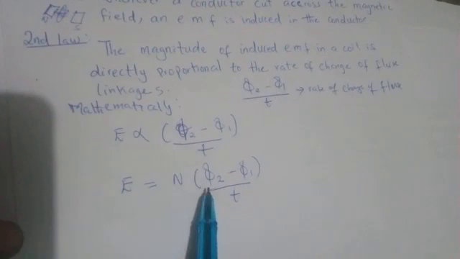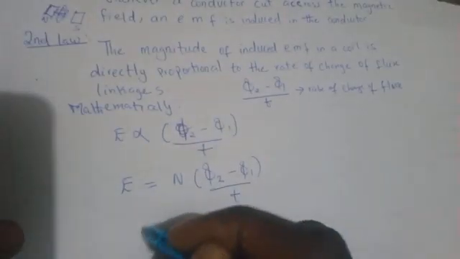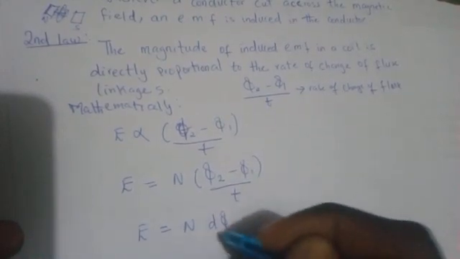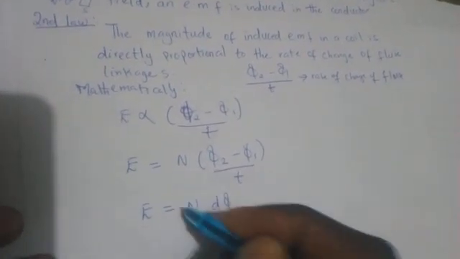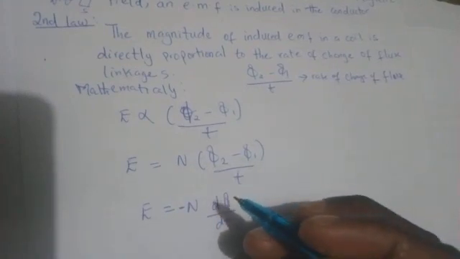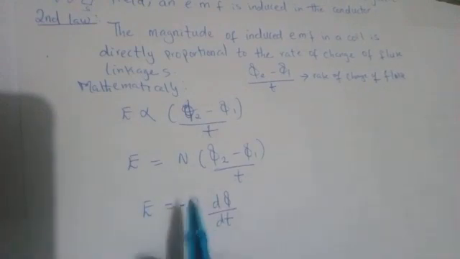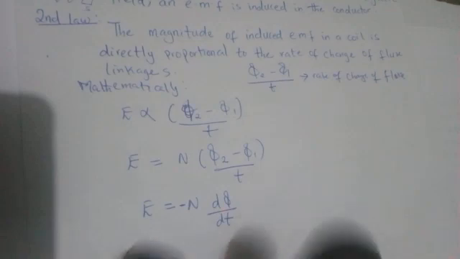Now, if I bring in the differential form of this, I'm going to have E equal to N d phi over dT. Now, this is going to be negative according to Lenz's law, because Lenz's law of electromagnetic induction made us understand that the induced EMF tends to produce a current which opposes the change of the flux that produced the induced EMF.